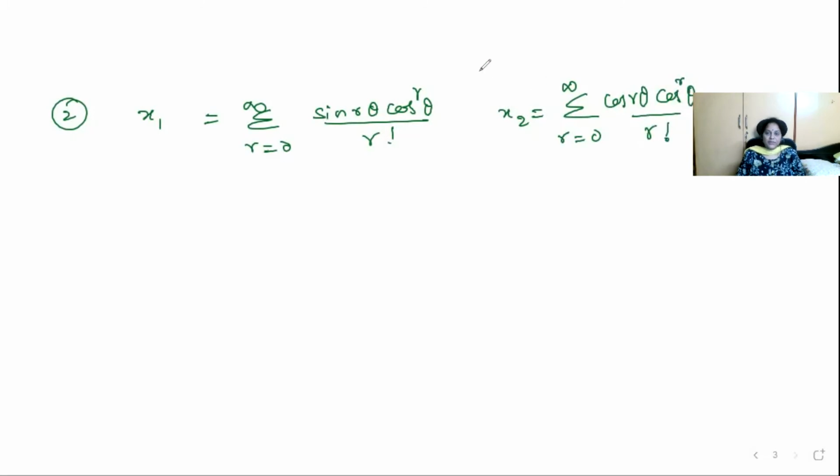What we need to find here is the value of x1 square plus x2 square, the value of x2 square minus x1 square, and the value of x1 x2.